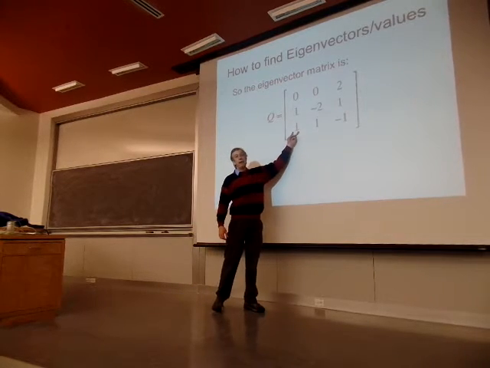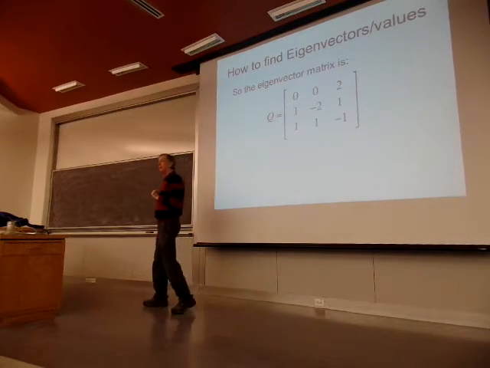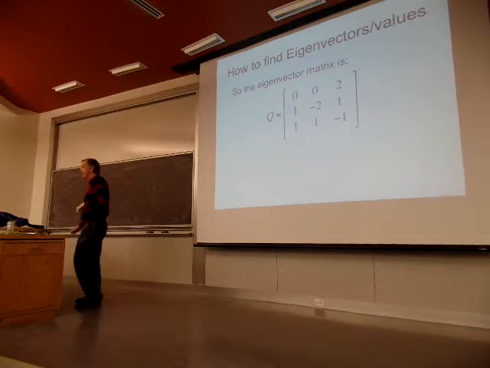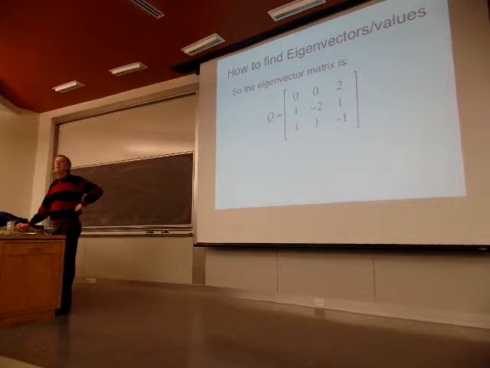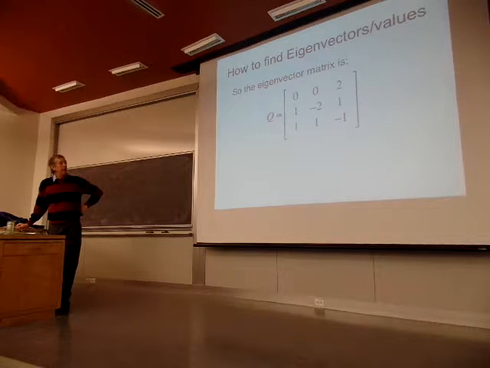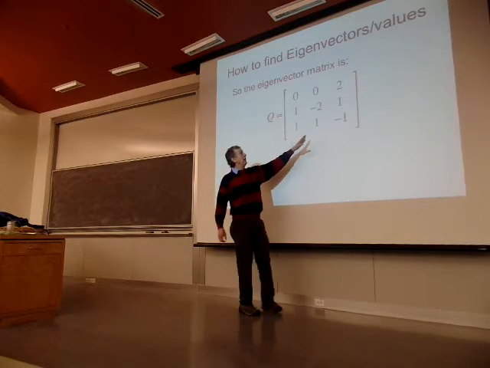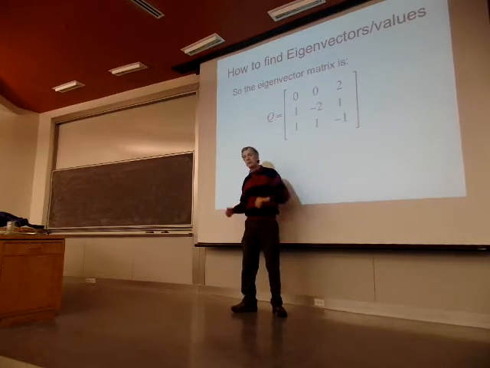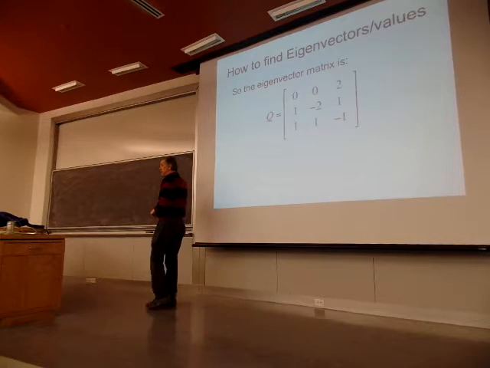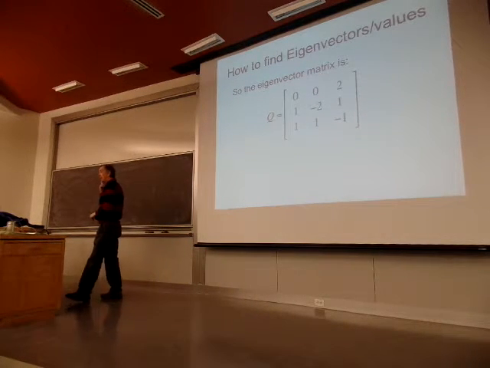Could you tell me what the length of that vector is? First one, 0, 1, 1. What's the length of that vector? Square root of 2. Okay. And for the second one, what's the length of this vector? I think square root of 5. Right. How can I make those lengths all one?